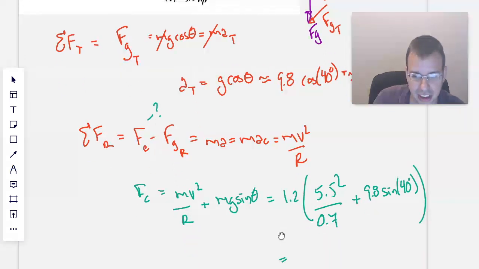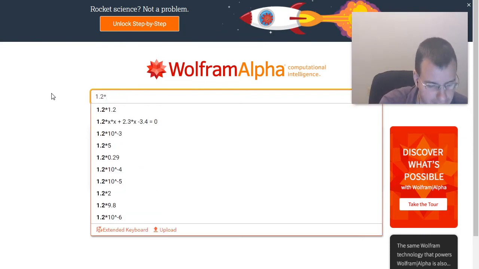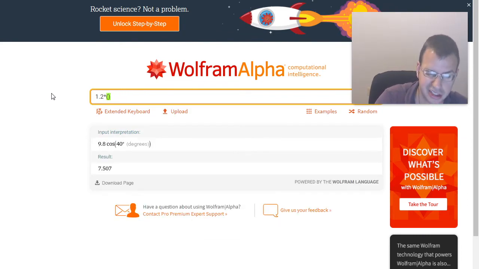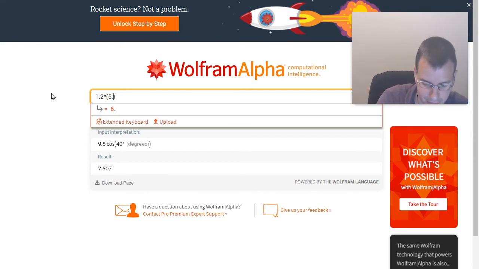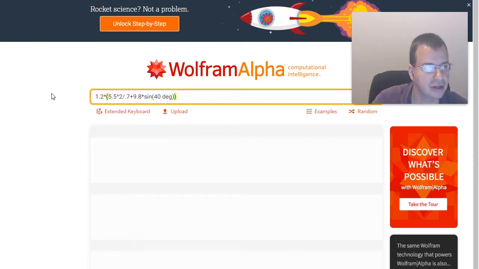We can do this in Wolfram. So we'll do 1.2 times the quantity v squared, which was 5.5 squared, divided by the radius, which was 0.7, plus gravity, which was 9.8, times sine of 40 degrees.